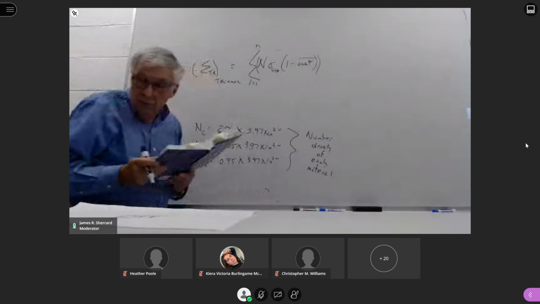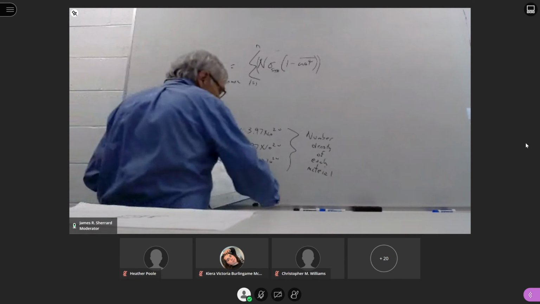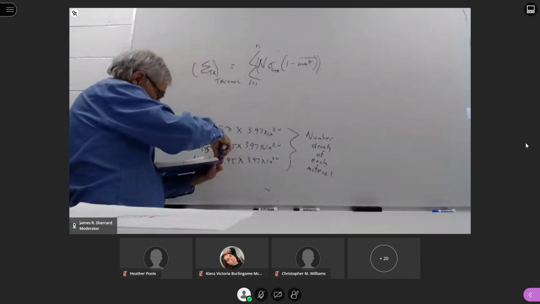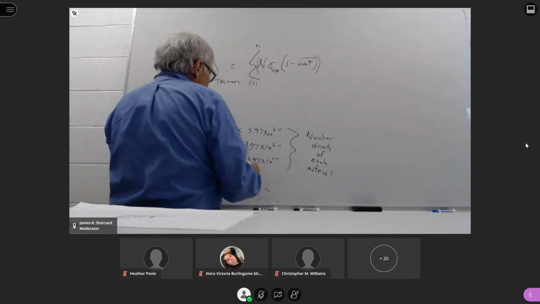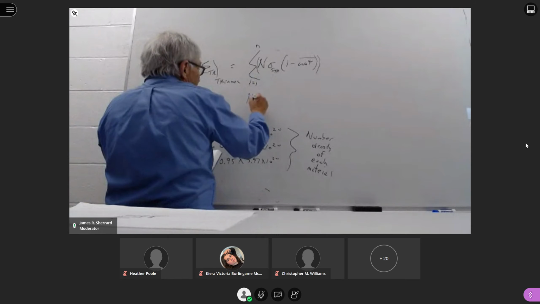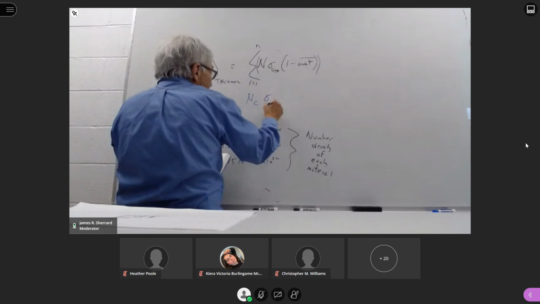So if we do the moderators first, we're going to have N carbon, sigma S thermal for carbon.